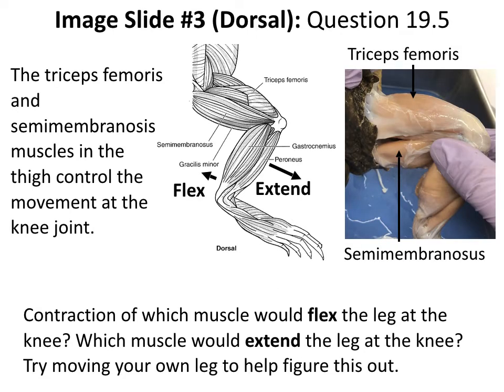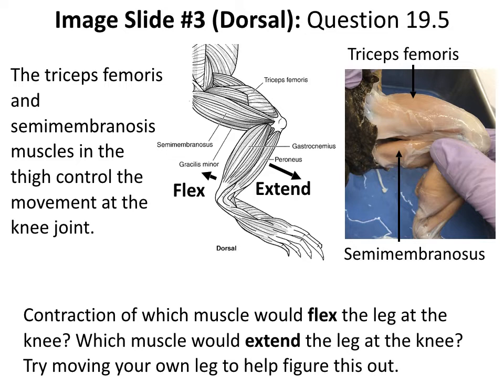As we move to the upper leg, we talk about the muscles that surround the femur. This first view is from the dorsal side. The dorsal side shows the triceps femoris, on the anterior surface of the upper leg, and the semimembranosus, on the posterior surface.